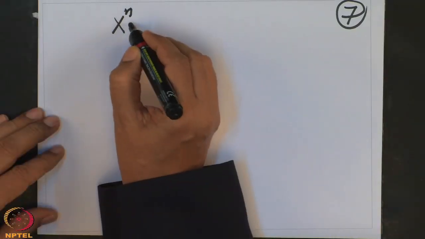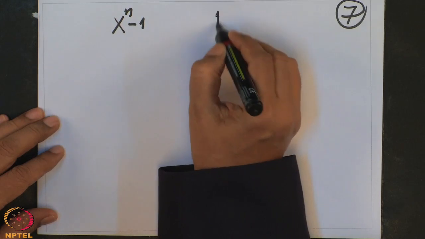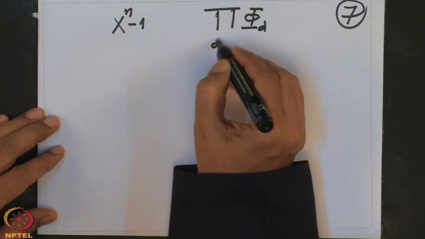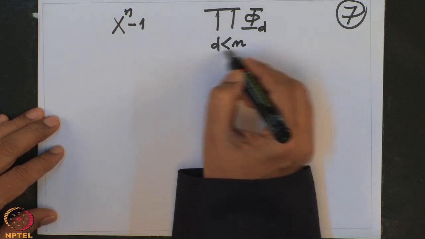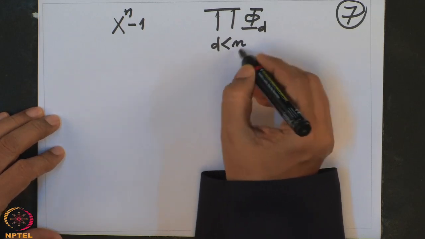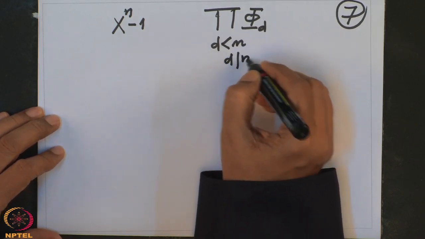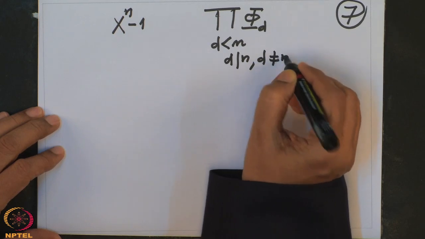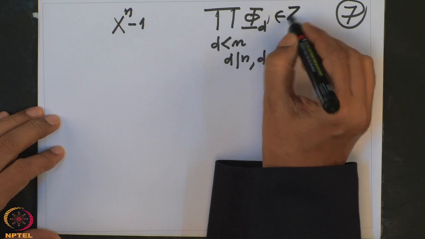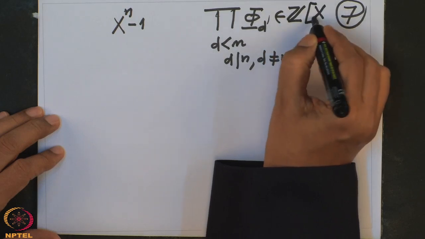So if I want to divide x to the n minus 1 by the product of phi d, where d divides n and d is strictly smaller than n, we have checked by induction that all these polynomials are in Z[x]. So the product is in Z[x].